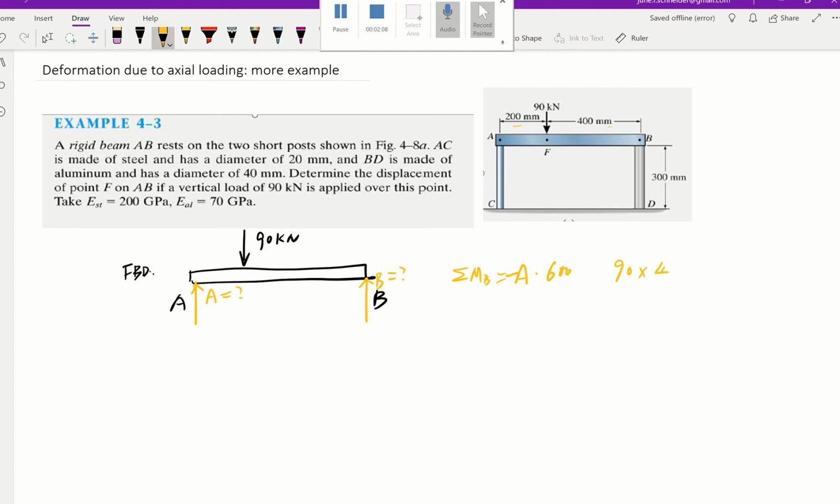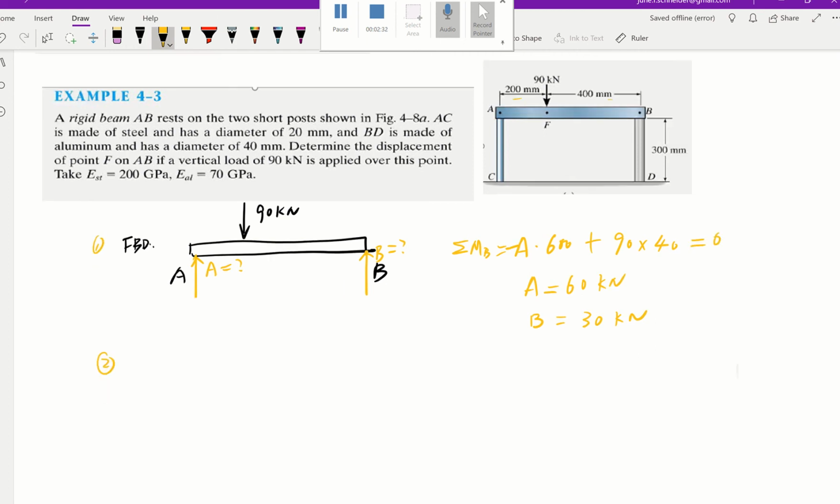The moment arm will be 400, and that's counterclockwise, so plus. That equals 0. From that, A will be equal to 60 kilonewton. If A is 60, we can quickly get B will be 30, from the force in the Y direction. So knowing A and B, how would that help us figure out the rest?